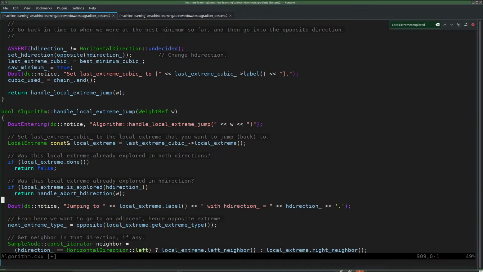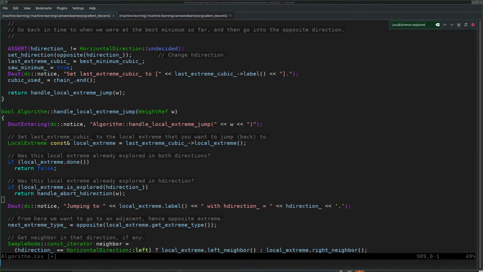I think I made a rule of that as well, so I wrote that in the description as well. So it says an abort happens when handle abort direction is called because we can no longer go further into a chosen direction. That happens: 1. You find a new local minimum which isn't better than the previous found. That's the main reason why we enter here.